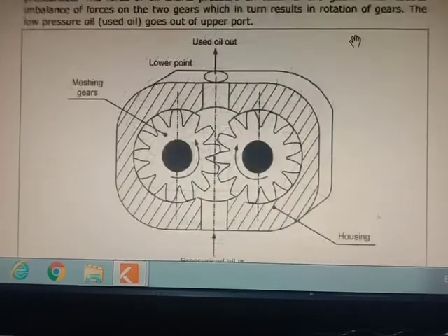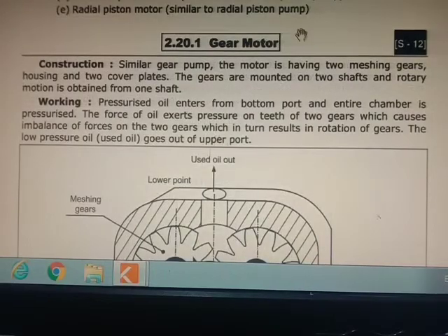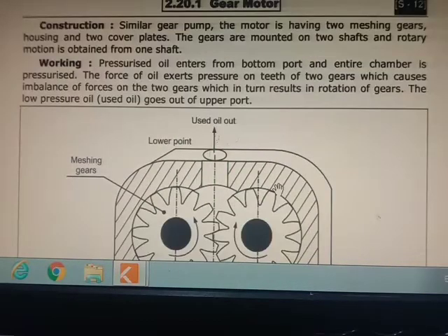So what is the construction part here? Similar to a gear pump, the motor has two meshing gears, a housing and two cover plates. The gears are mounted on two shafts and rotary motion is obtained from one shaft. And the working: when pressurized oil enters from the bottom port, the entire chamber is pressurized.